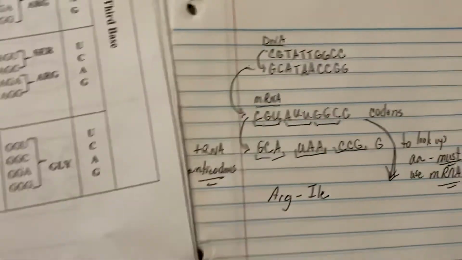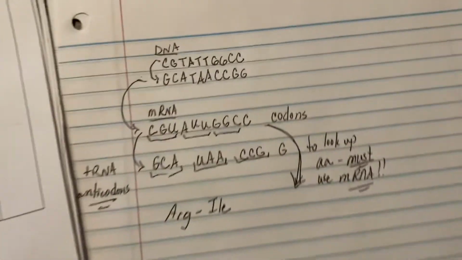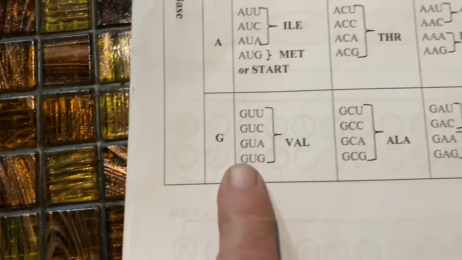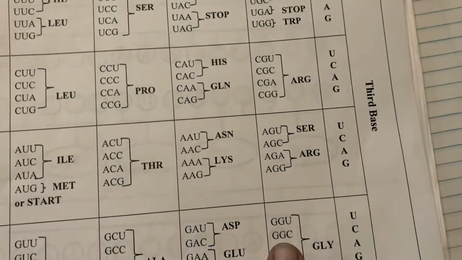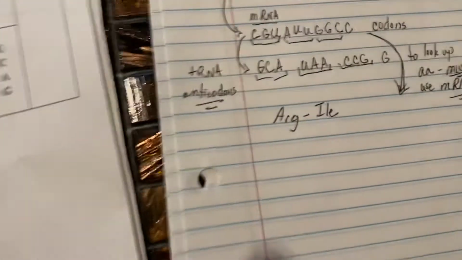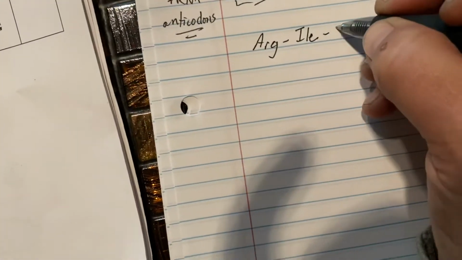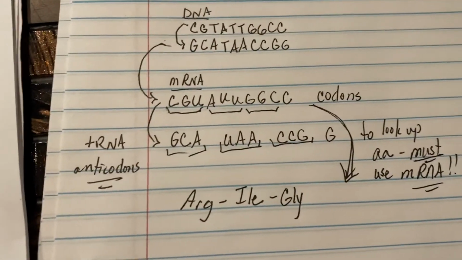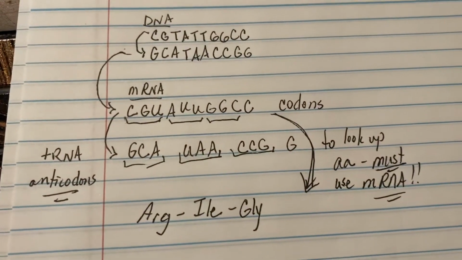My third one is GGC. So again, I go G, G, C, GLY, and I write down GLY. And I continue that process until I have completed my strand of amino acids, which will give me my protein.